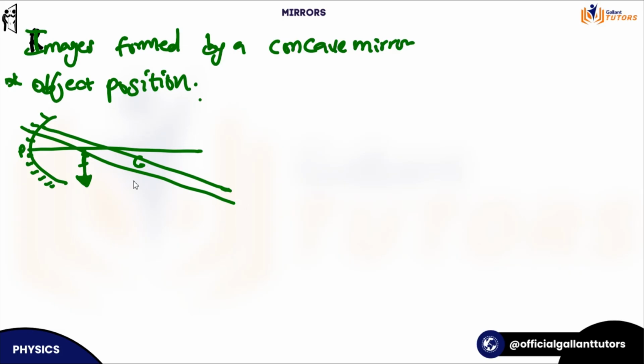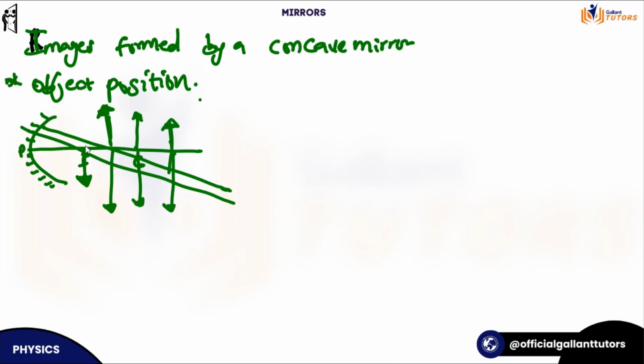But when I get closer, let's say beyond C, the image formed will now be between F and C, and a little larger than this. When the object is at C, the image formed is the same size at the same point, at C. When I get to this place, what is formed is an enlarged image, inverted, and beyond C. Do you get the concept?